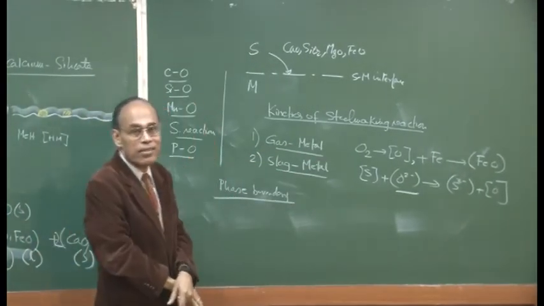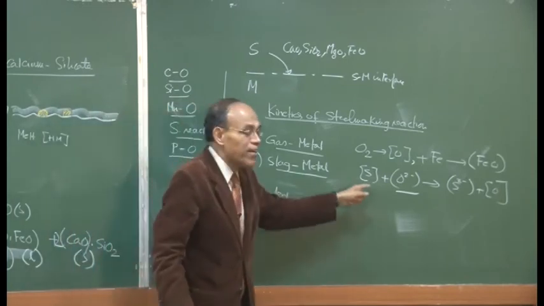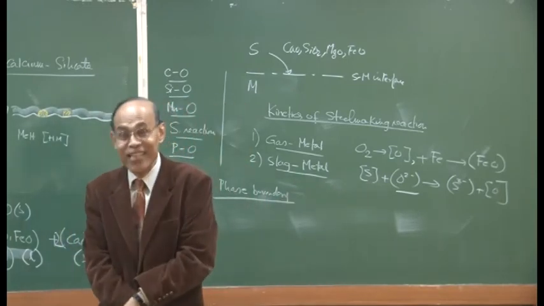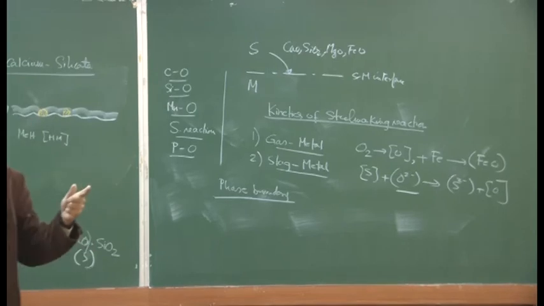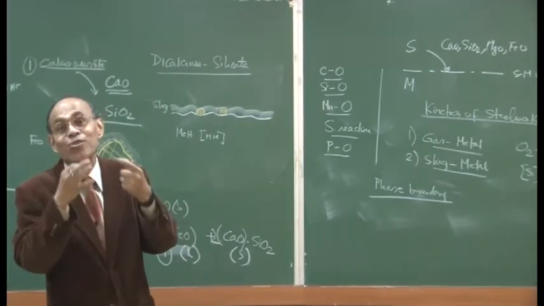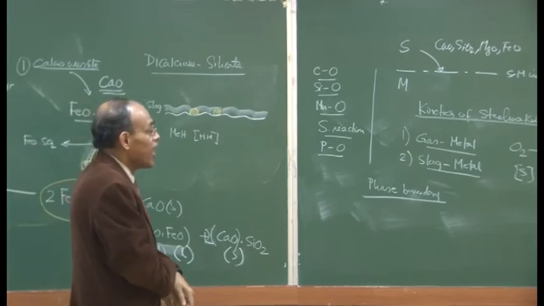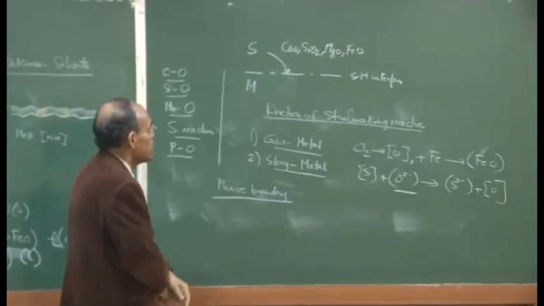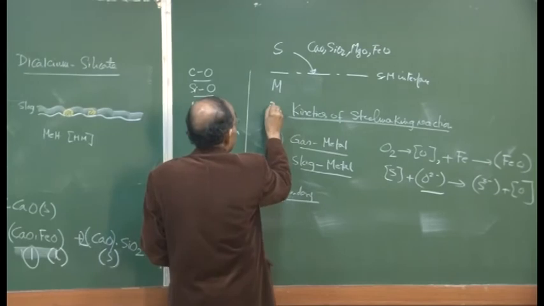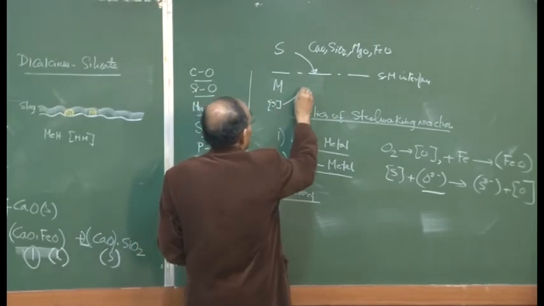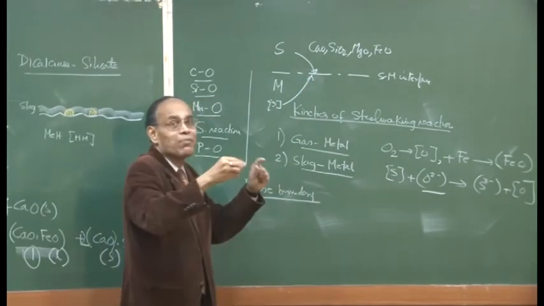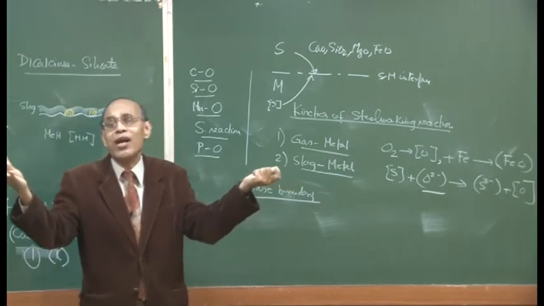So, although you see it as a chemical reaction, you must understand that hidden in this chemical reaction are transport steps. The species needs to be transported to the interface, and only then does the reaction take place. Similarly, sulfur is here. The moment the sulfur is transferred here, the reaction will take place, then there is no sulfur, so the reaction will come to a stop.